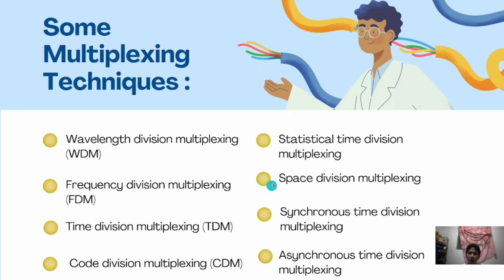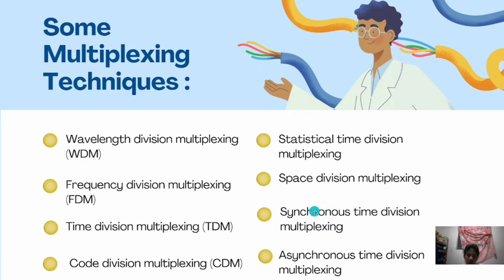And then the space division multiplexing groups many individual channels or transmission paths together to save physical space.